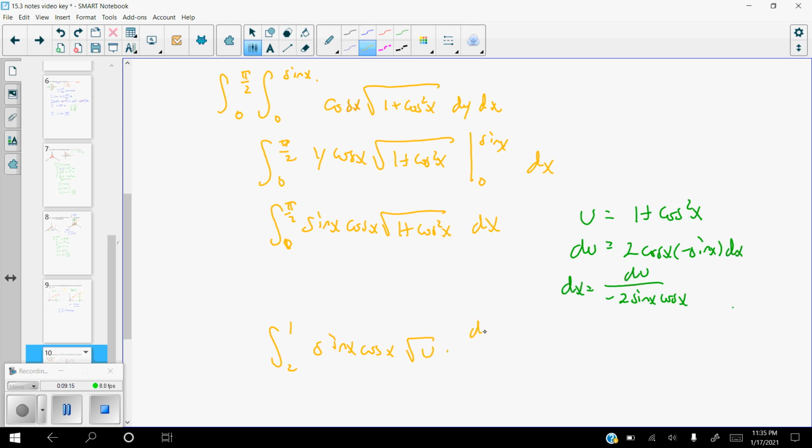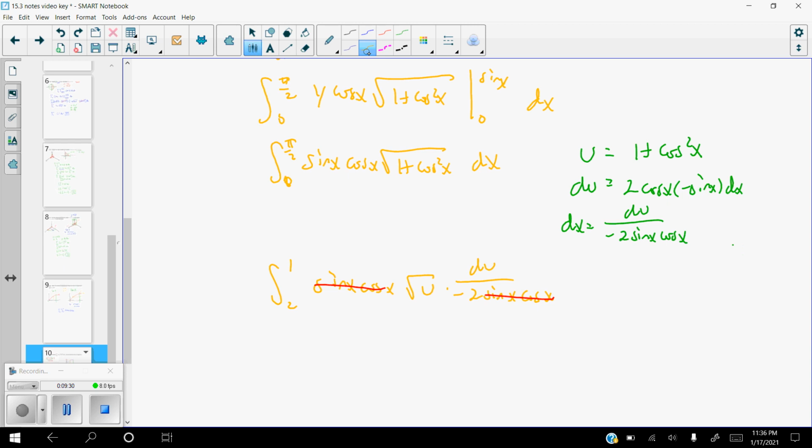Let's see, I'm going to have sine of x cosine of x square root of u times the new dx, which is du over negative 2 sine of x cosine of x. So the cosine x, sine of x both cancel out. I do have a negative 1/2 I have to pull to the front. Negative 1/2 integral from 2 to 1 of u to the 1/2 du.